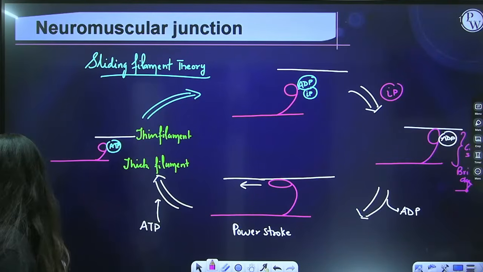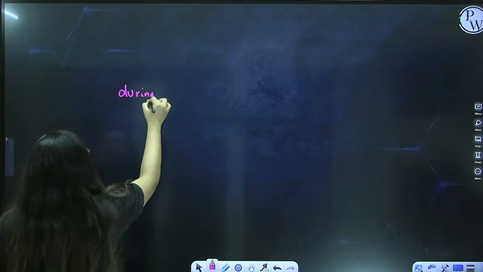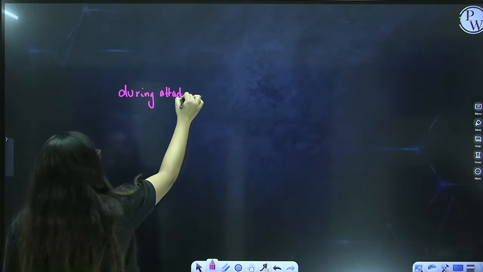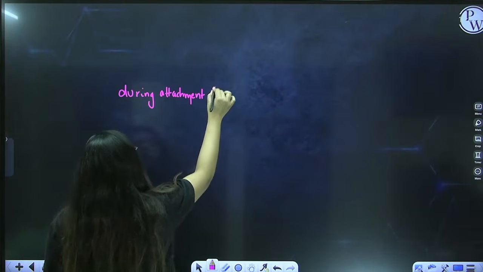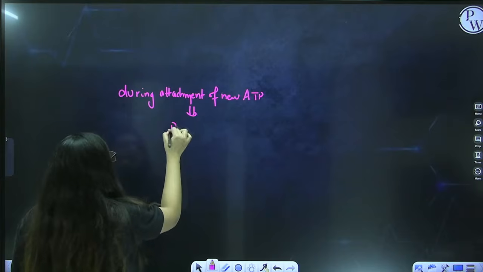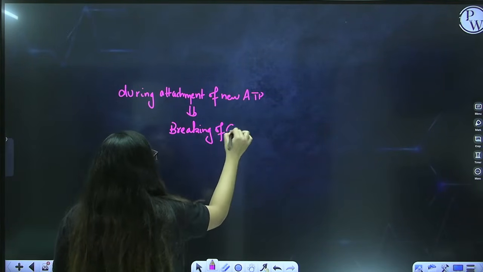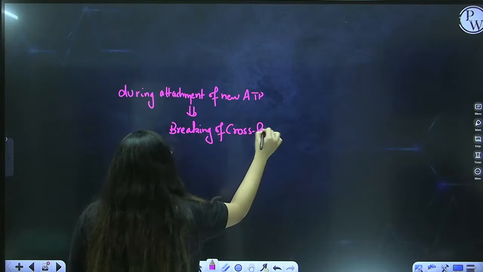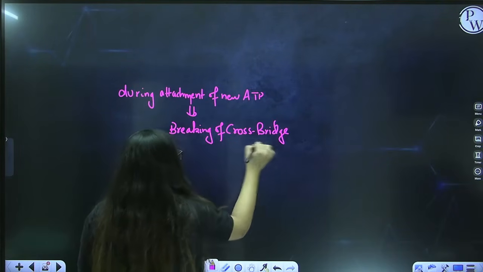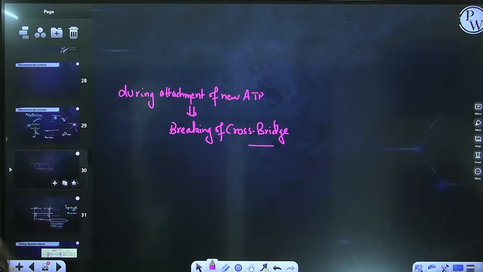So you have to write this line that during attachment of new ATP, there is breaking of cross bridge. Okay. I hope that's pretty clear to everyone now. I have explained this point thrice.